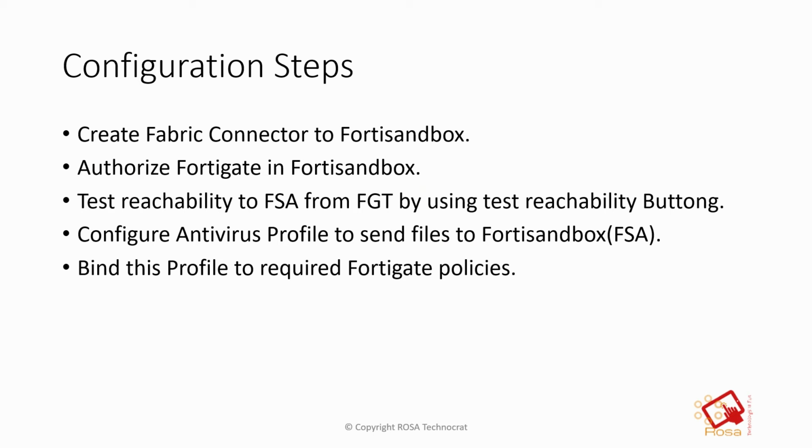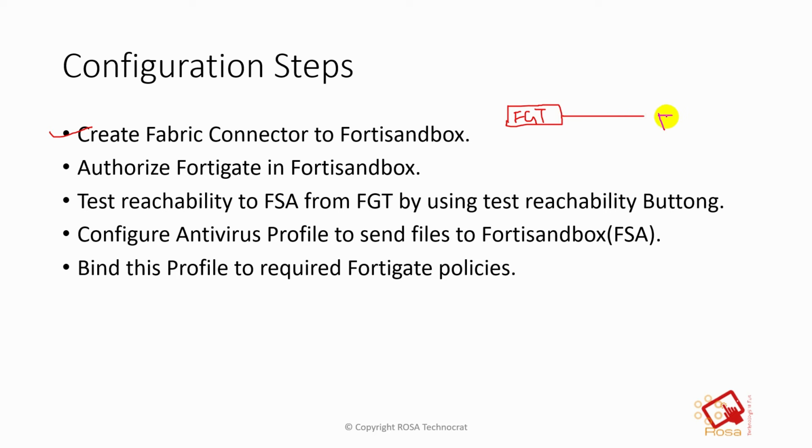Configuration steps, or when you want to integrate a FortiSandbox to FortiGate. So what are the integration steps that you need to perform, and what all things you need to take care? While we are configuring, the first step is to create a fabric connector to FortiSandbox. So basically it is like any other device integration. FGT should be reachable to FortiSandbox.